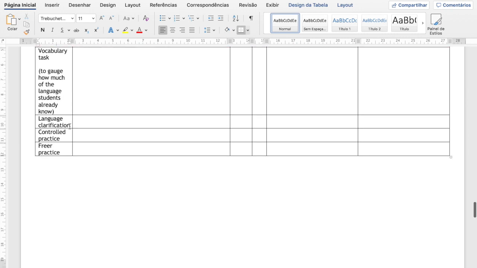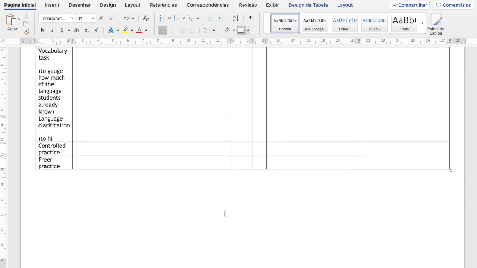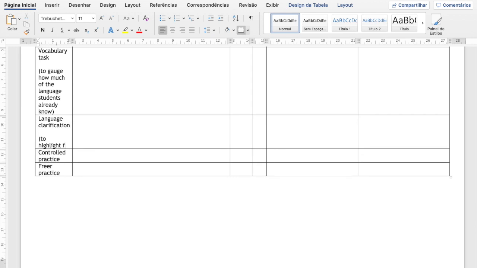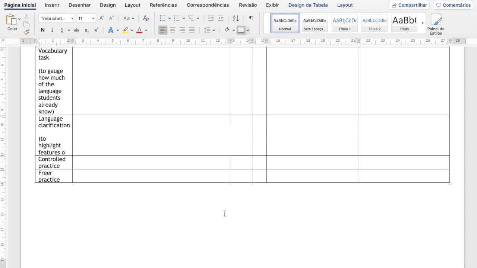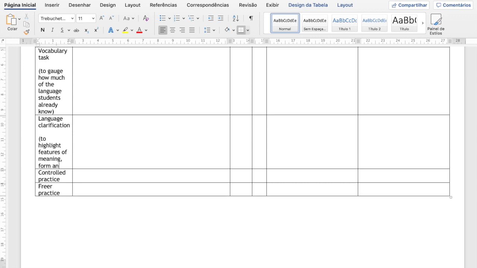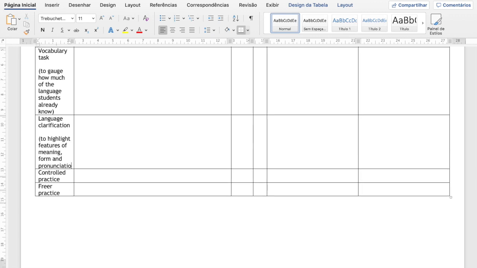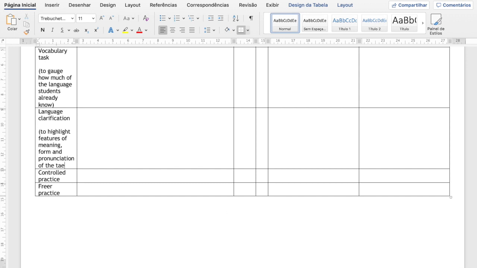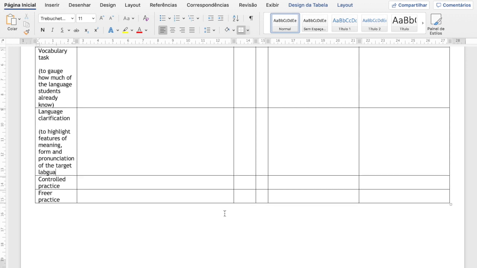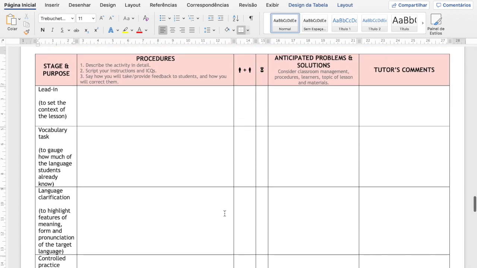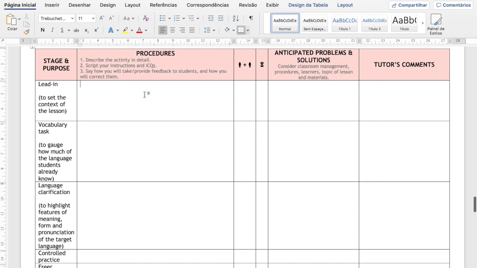The aim of language clarification would be to highlight features of meaning, form, and pronunciation of the target language, etc., etc., etc. So you have to do this for all of the stages.